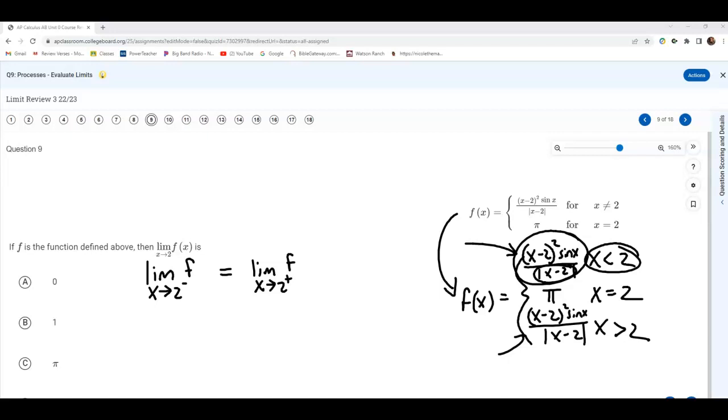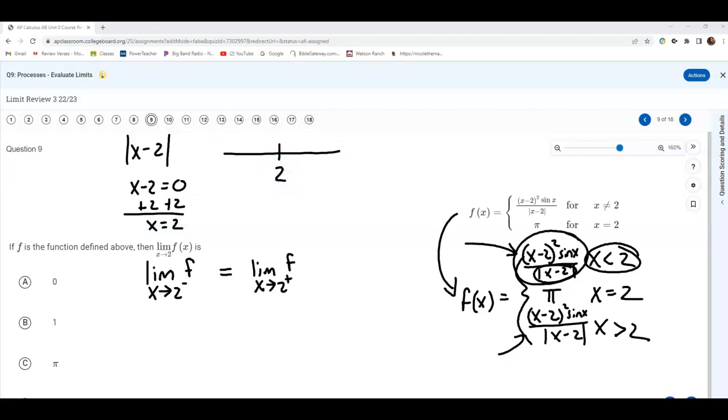So, right now, we're dealing with the expression x minus 2, which is an absolute value expression, right? Well, we said before the cusp happens when x minus 2 equals 0. And so the cusp happens at 2. And then what we did was we did a little number line test.